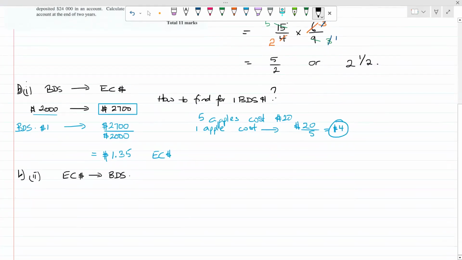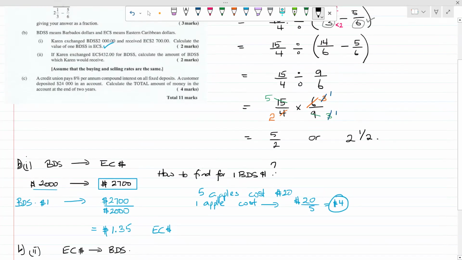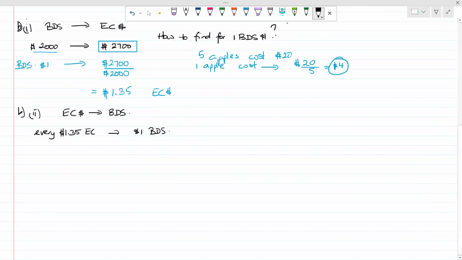Basically, what we learned is that every $1.35 EC is going to give us one Barbados dollar. So we need to know, how much EC do we have? 432.